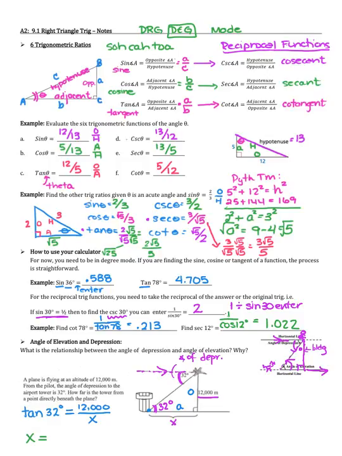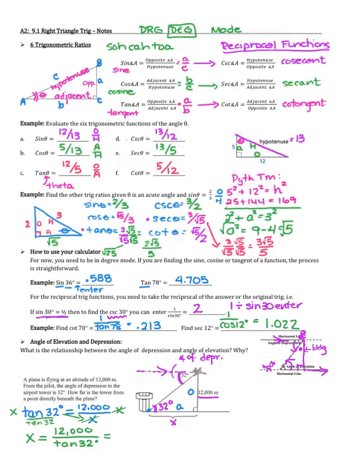And then I'm going to divide both sides by tan 32. So I end up with 12,000 divided by tangent 32. So how did I do that? I multiplied by x, so it canceled it on that side, and I divided by tan 32, which moved it down to that side. Basically, your unknown and that trig switch positions.